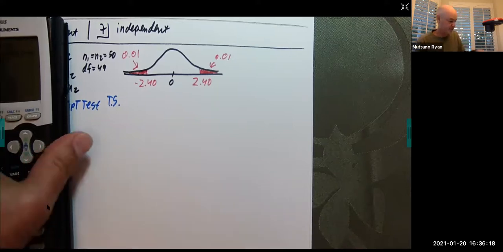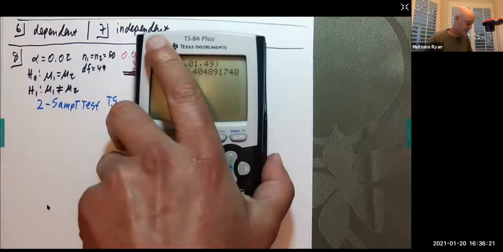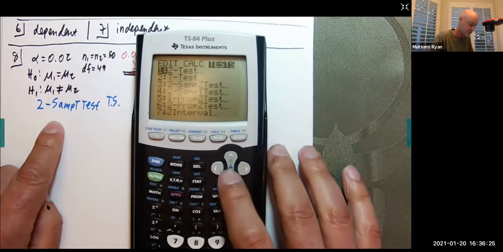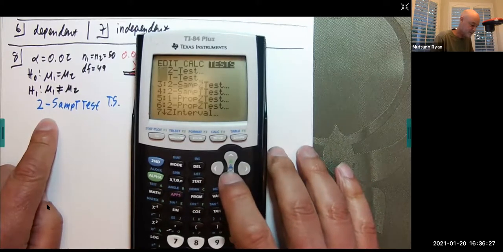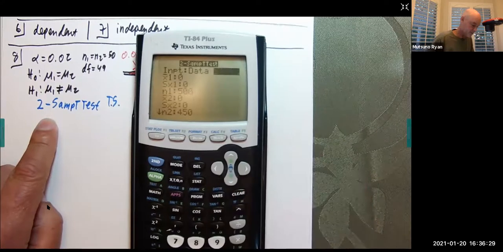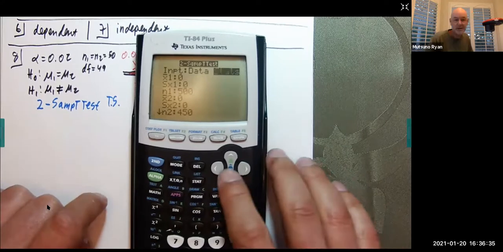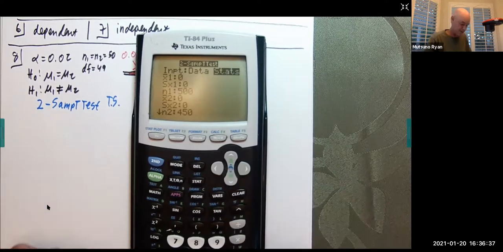And I'm now going to run my test statistic. So this is a two-sample t-test. And they give us the first mean is 7.6, looking at the data from problem 8. Standard deviation is 1.4. N is 50.